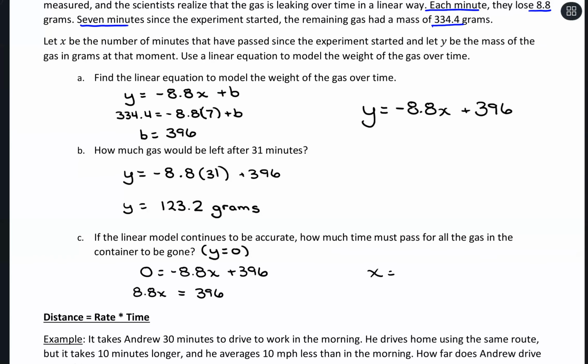Which is 45. So that would be 45 minutes. We would end up with an empty container with all of the gas having leaked out.